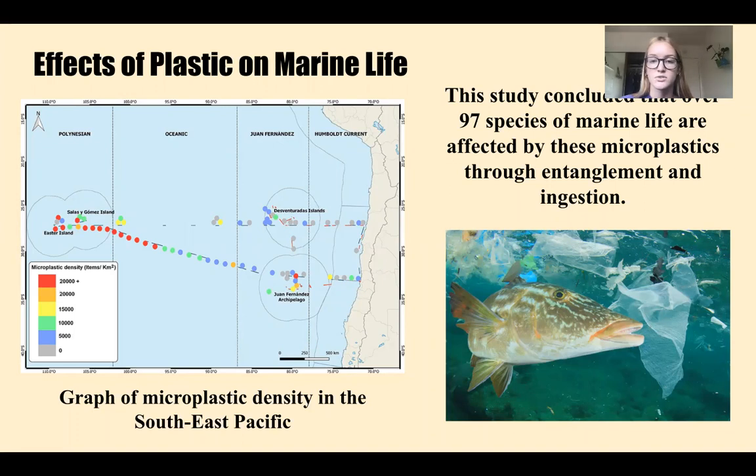The study also concluded that about 97 species of marine life are affected by these microplastics, which is far too many. Through this study, 80% of fish examined ingested microplastics that are similar in size and color to blue pigmented planktonic organisms such as copepods and crustacean larvae, which are common prey for these fish. This is evidence that fish often go for plastics that resemble what they look like.